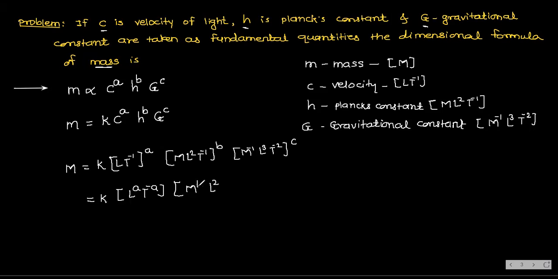So M power B, L power 2B, T power minus B. Next here M power minus C, L power 3C, T power minus 2C. Yes or not? Check once. This step is very, very important.